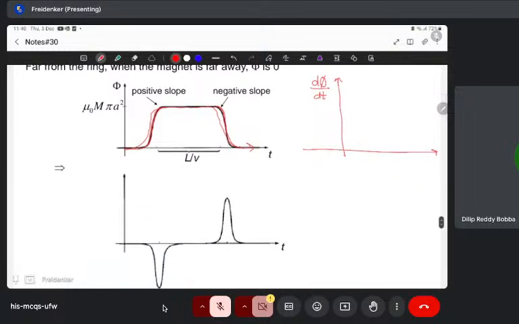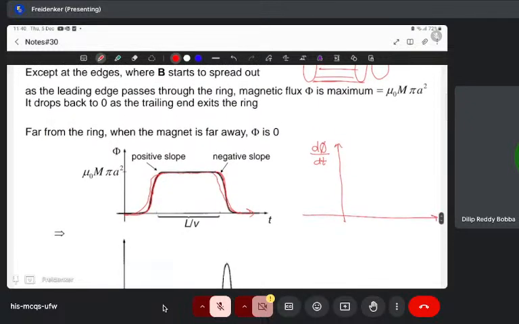If you have a positive slope, it means initially it's increasing and then it's still positive. You have the maximum slope somewhere over here. Somewhere you reach the maximum and then it's still positive but moving towards zero, and then the slope becomes zero.